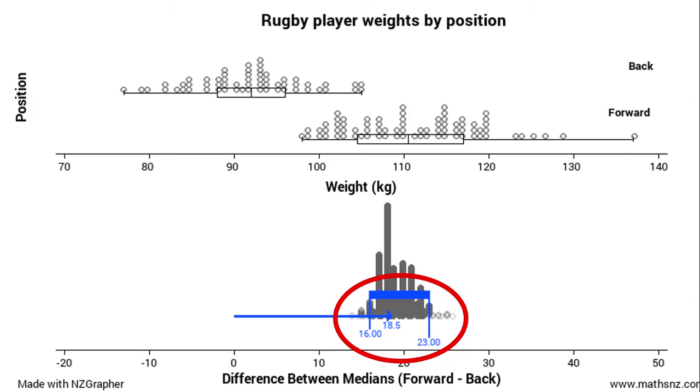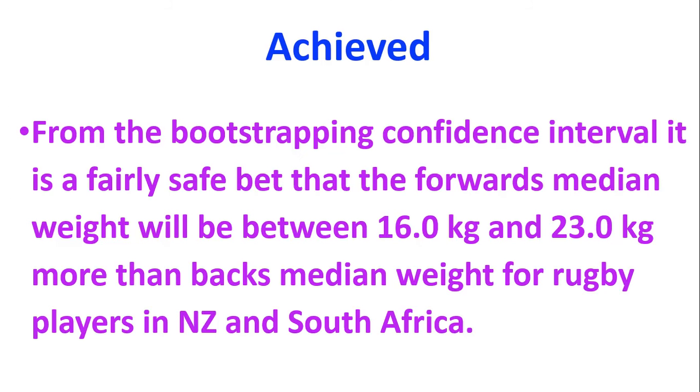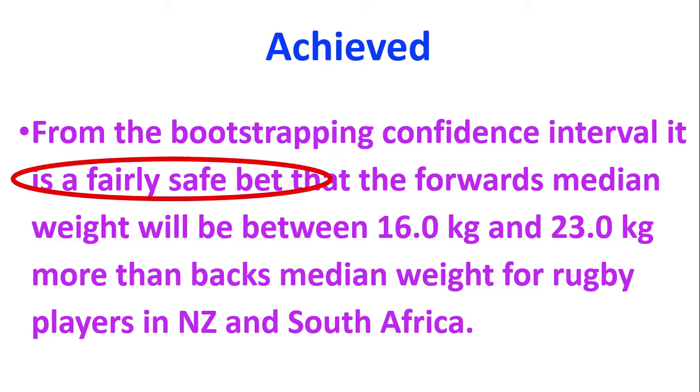So when we look at our estimate, we've got our confidence interval of between 16 and 23. We're going to write this up and say, from that bootstrap confidence interval, it is a fairly safe bet. That tells us that we're pretty confident, we're pretty certain. We're not absolutely certain, but remember it's about 90% around about there. So fairly safe bet covers that.